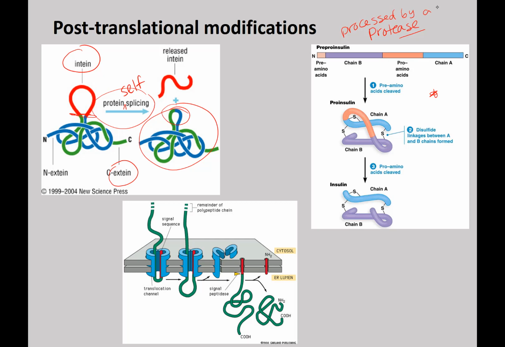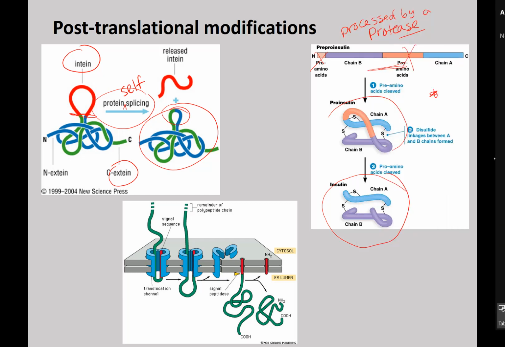So in this case, insulin is made as this big single chain of amino acids, and then this orange part and this very end terminal part is cleaved out, and the insulin functional protein is made up of two chains. Came from an original single peptide, but it's not functional that way.